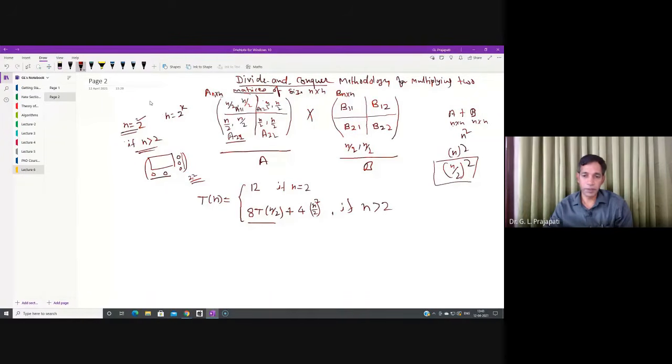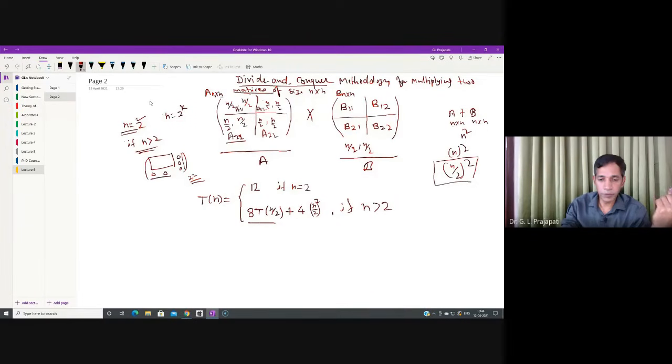Now you need to solve the recurrence relation for obtaining the bound of the matrix multiplication. So you can use the master method for solving this recurrence, because this recurrence is of type master method. Okay. So how you can use? So here T of n is a T of n by b plus f of n.